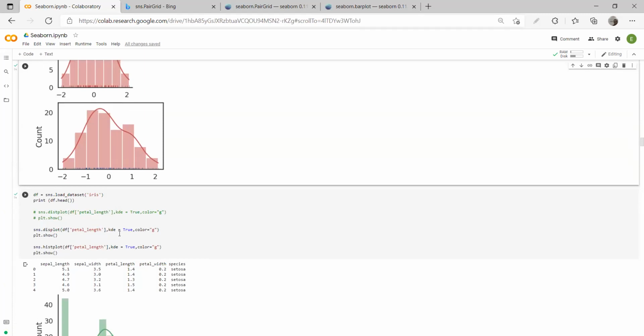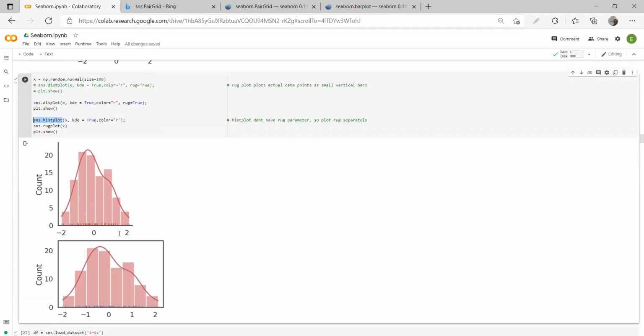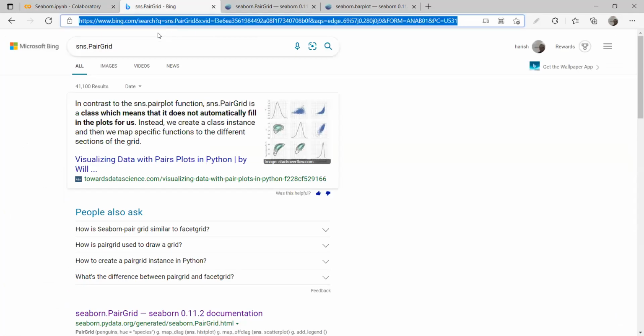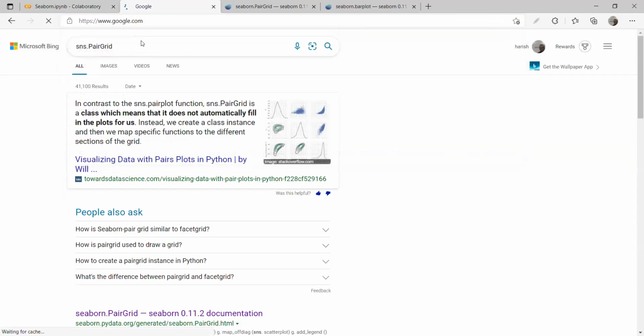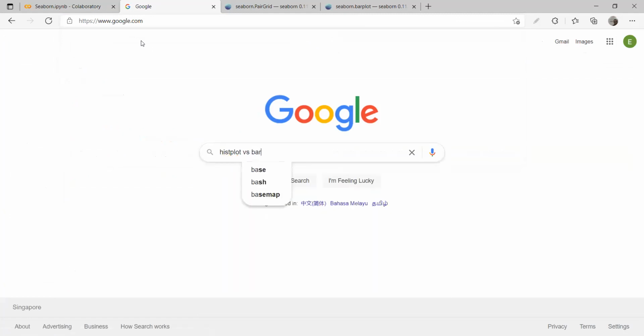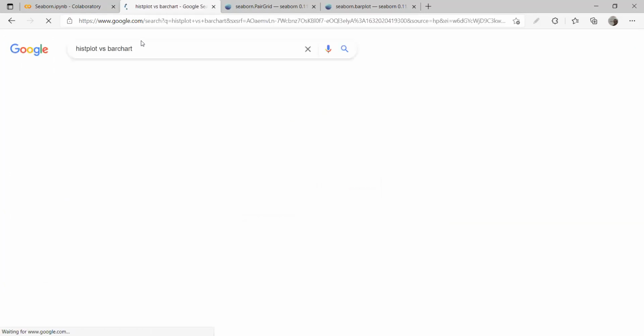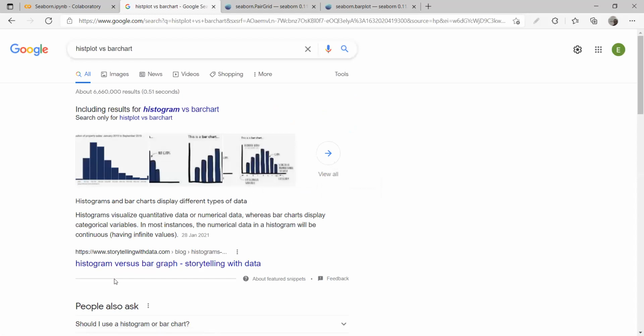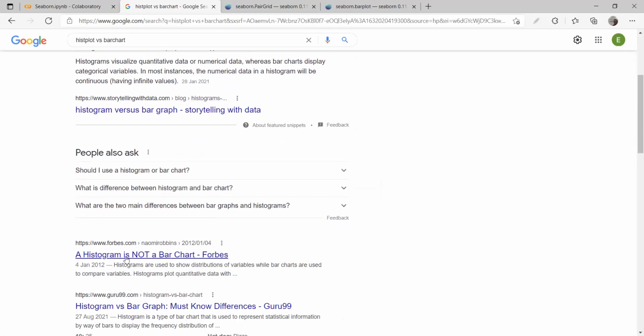Is histogram and bar chart the same thing? Histogram and bar chart are similar things, yes. Let's just Google what both of them give differently, right? Hist plot and dist plot are almost the same.